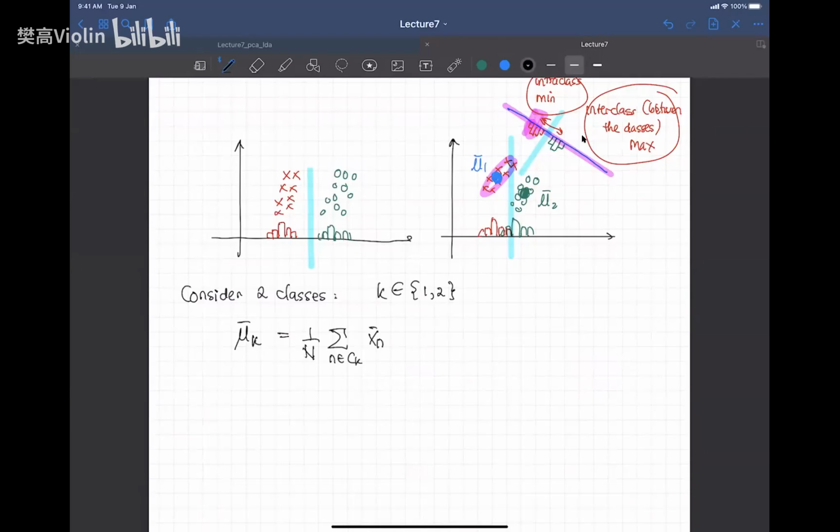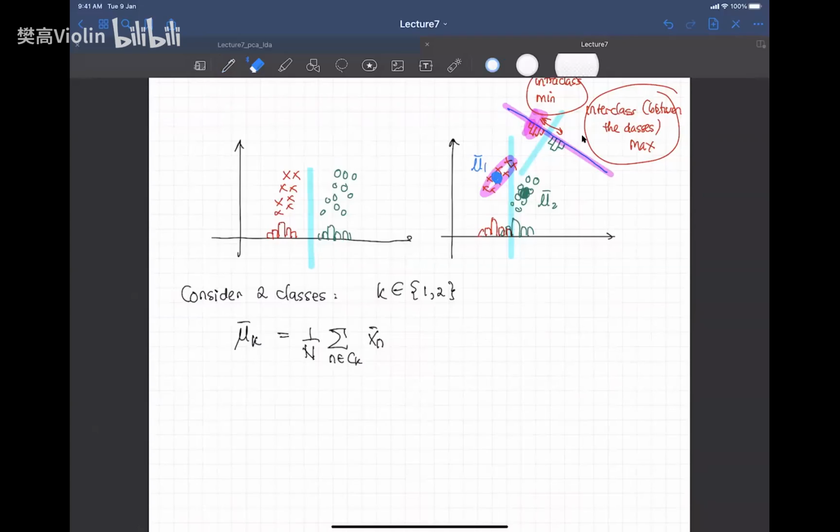Here k is either 1 or 2, the number of classes. Any question here for the mean? This is the same as what we discussed for x mean, but if I use x mean, I cannot use k. So that's why I don't really like this one now.